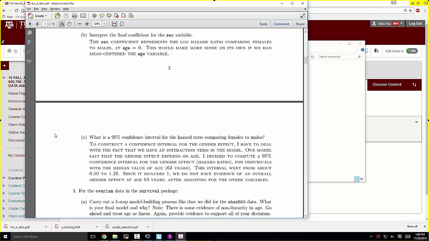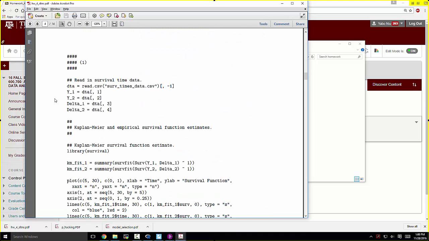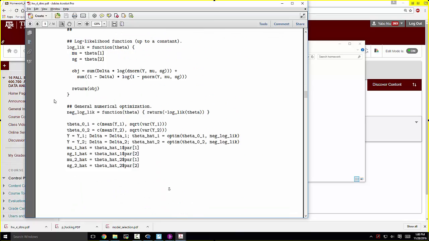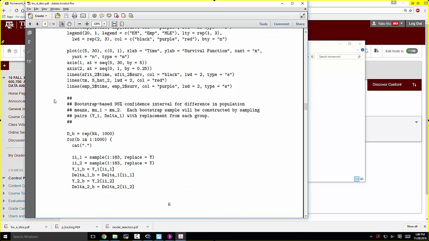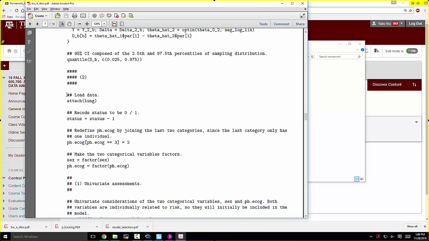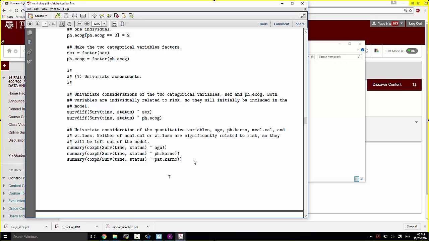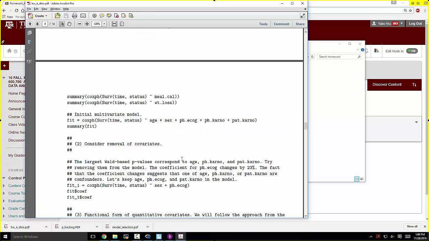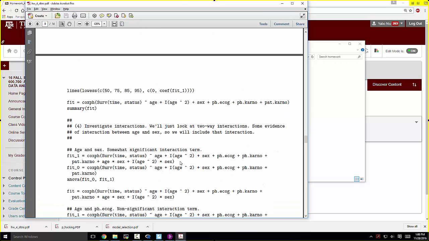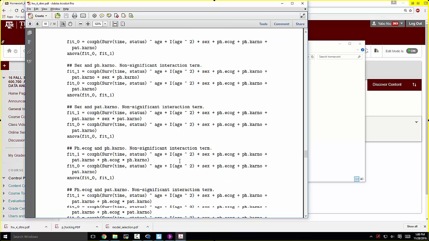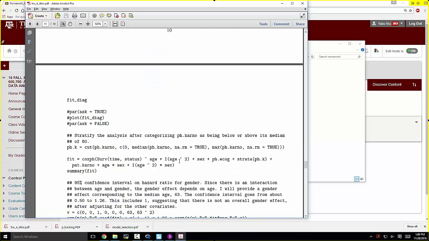Let me see if I can get all my code out of here. Here is my code for the lung data. Lots of code.